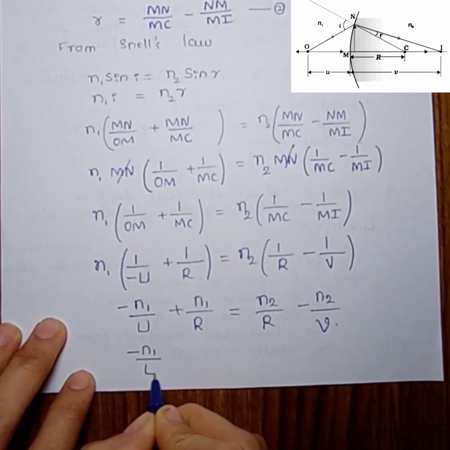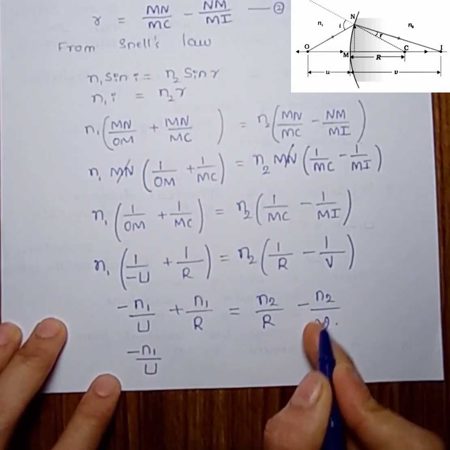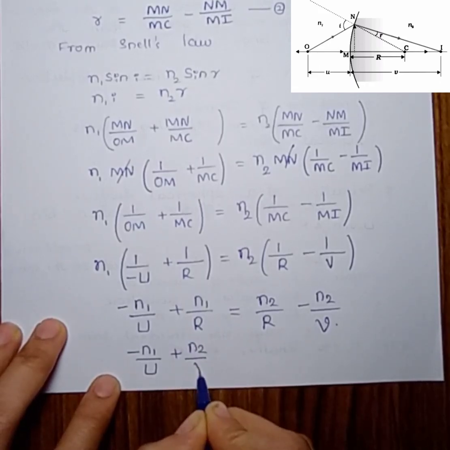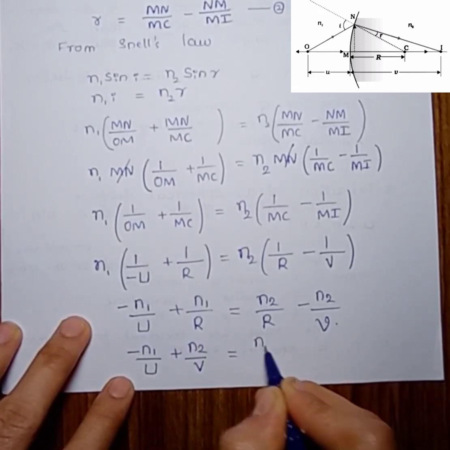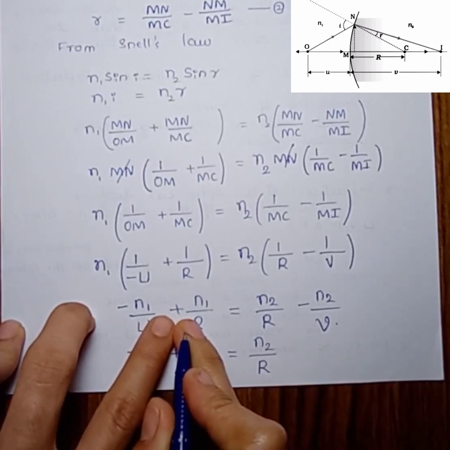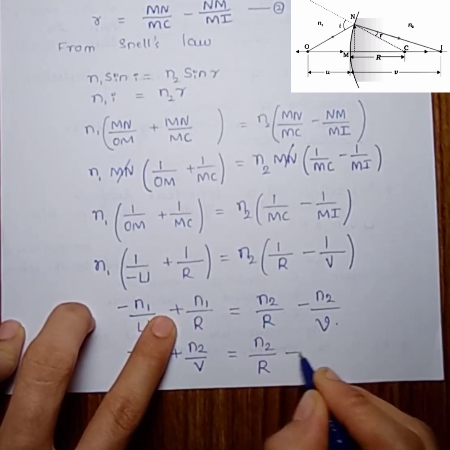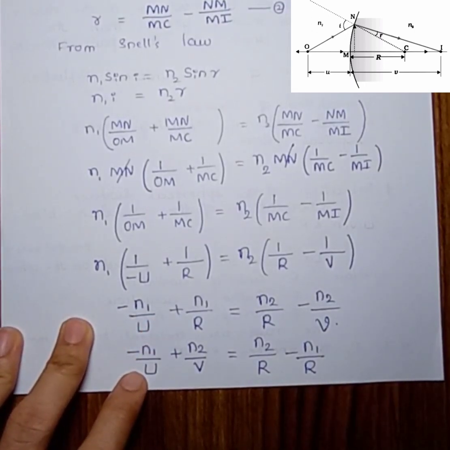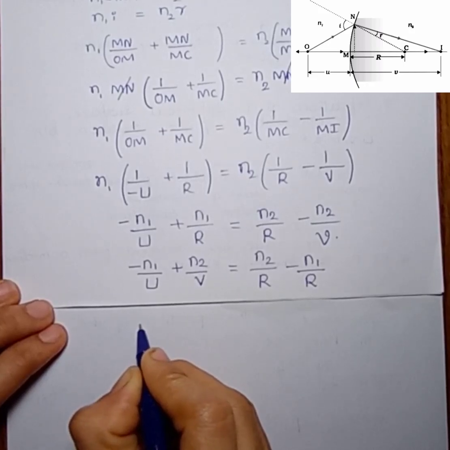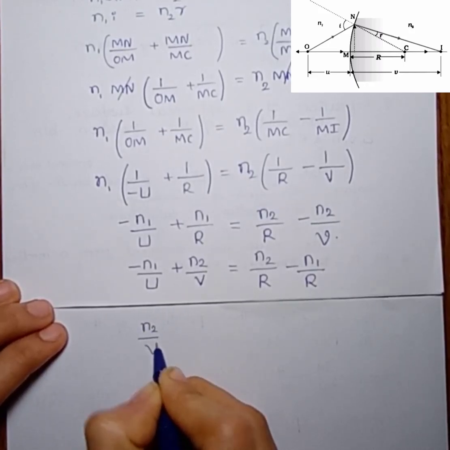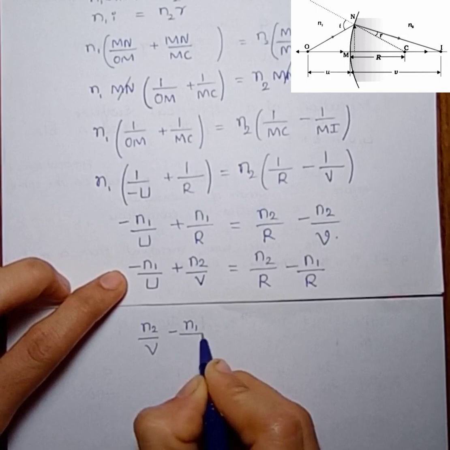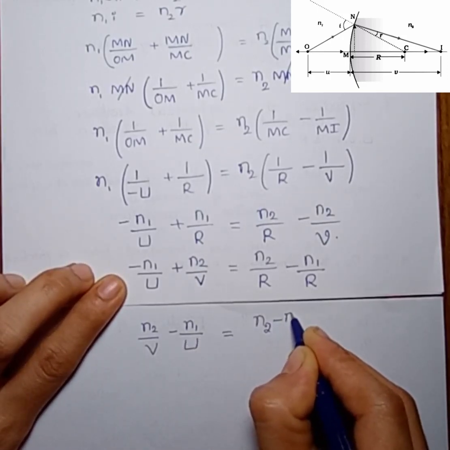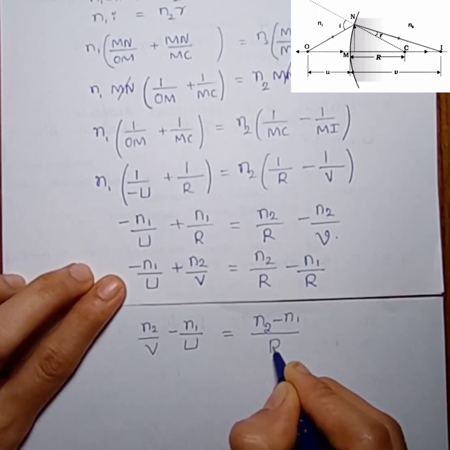Minus N1 by U: the negative sign, when it comes to the other side, becomes positive N2 by V, which is equal to N2 by R. Here it is positive; when it comes to the other side, it becomes minus N1 by R. That is, N2 by V minus N1 by U is equal to N2 minus N1 divided by R.